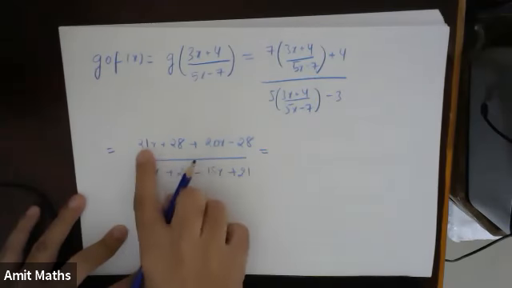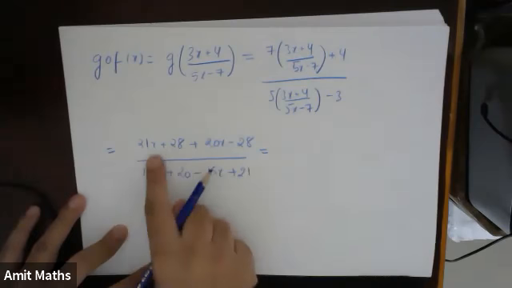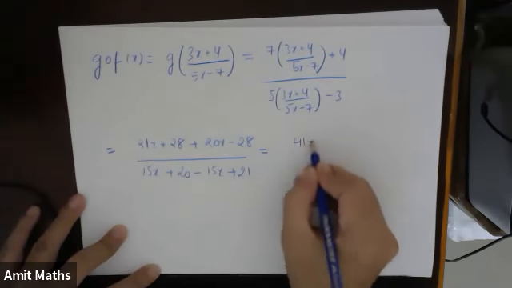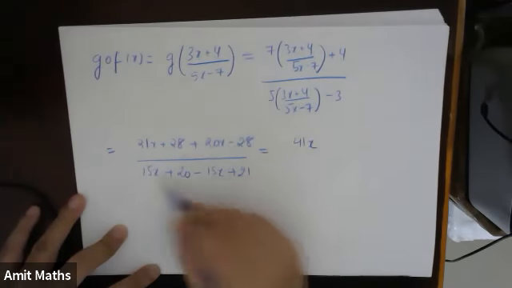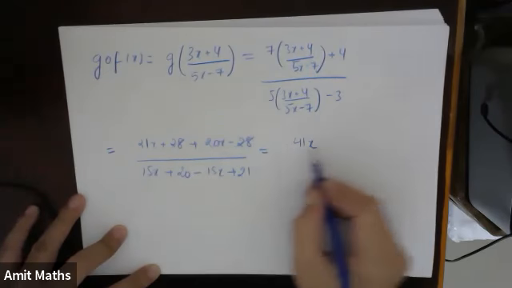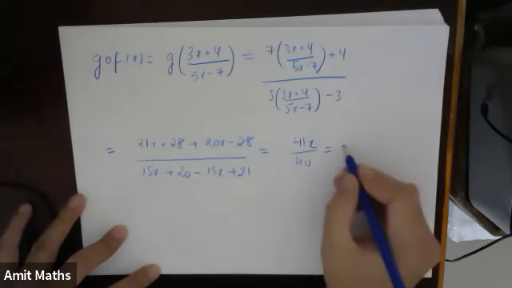So this is 21 plus 20, 41x. This and this get cancelled. In this case 15 and 15 get cancelled. This will come upon 41. This is equal to x.